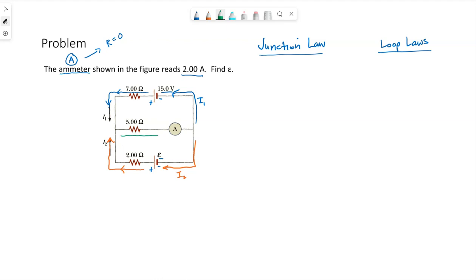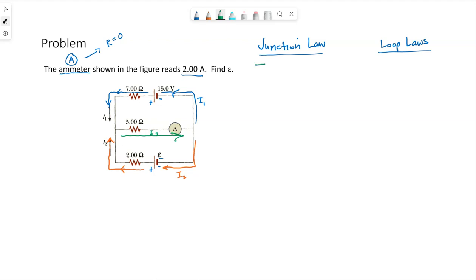So that means the current that flows through the middle has to flow to the right. We can't have all the currents flowing into the junction because that would imply they then stop, which of course is not going to happen.